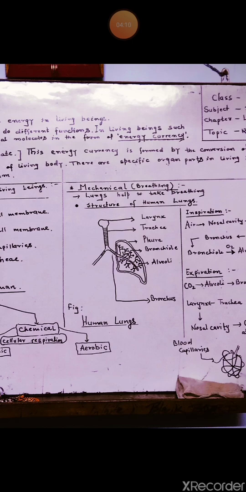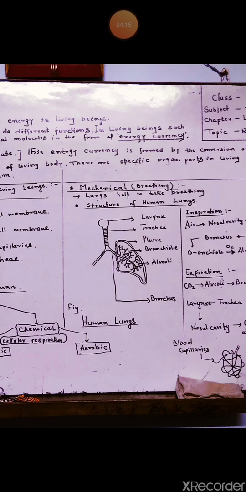Your NCERT textbook includes some other important facts relating to inspiration, meaning how much air is inhaled at one time, what would be the volume of air inhaled per minute or in one breathing.